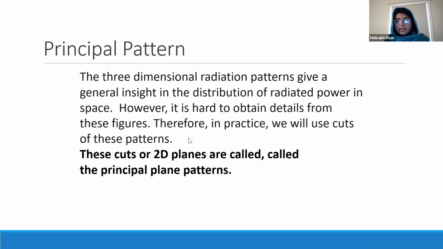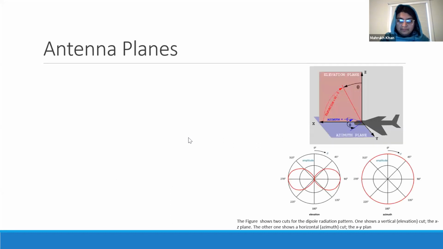We showed how there is a phi cut, how there is a theta cut, because it's important to see the details of the patterns. These cuts or 2D planes are called principal plane patterns. So we will talk about this. Okay. So what is the azimuth plane or elevation plane, sorry.